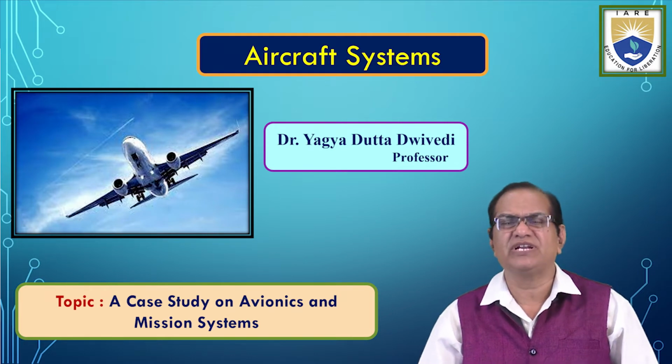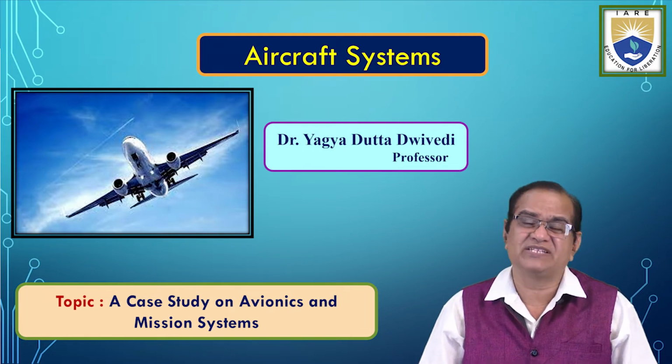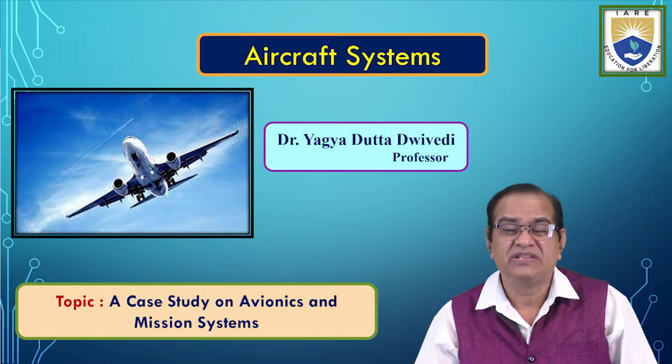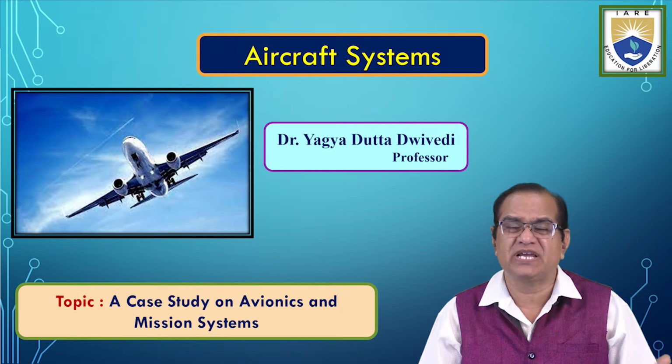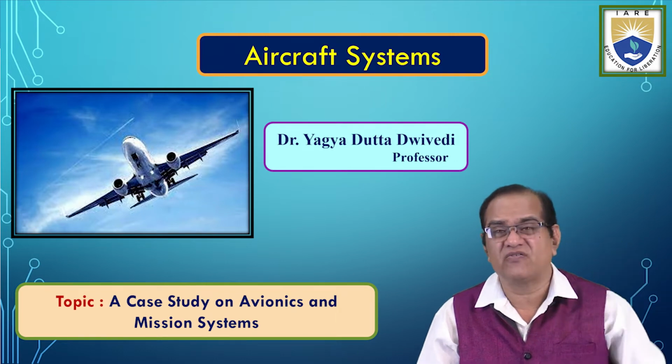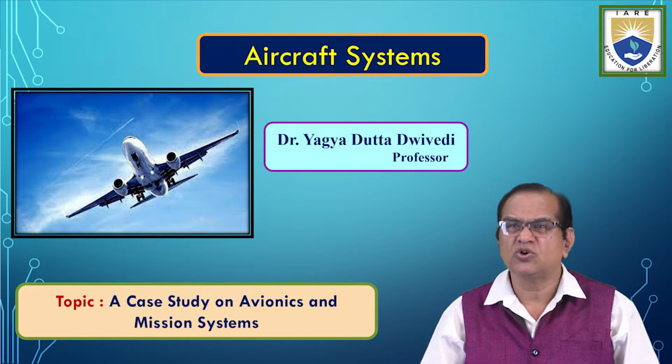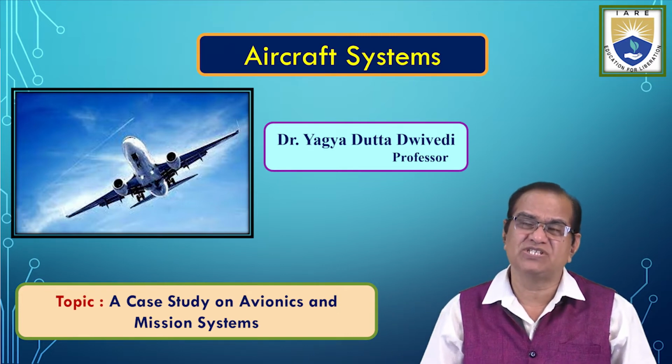Like the Sea Harrier also, it can carry the Magic Matra and some other missiles, and the Sea Eagle missile, and these can be fired from 200 to 300 kilometers away from the target. So these are the few missions which I am telling.